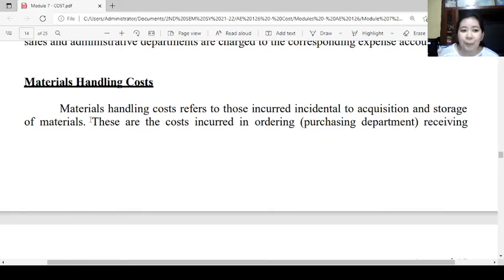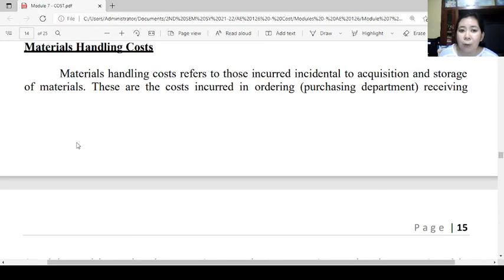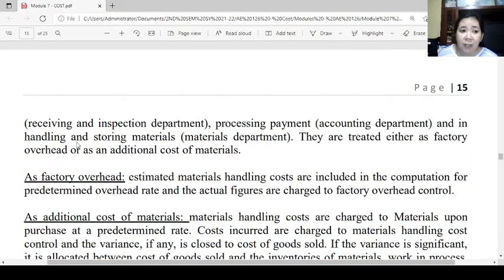Okay? So materials handling cost refers to those costs incurred incidental to the acquisition and storage of our materials. Basically, this cost will include the purchasing department, receiving and inspection, accounting, and materials department respectively.